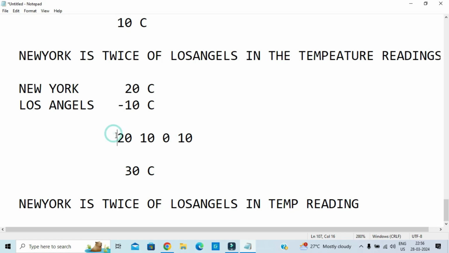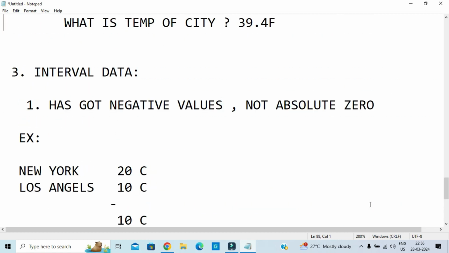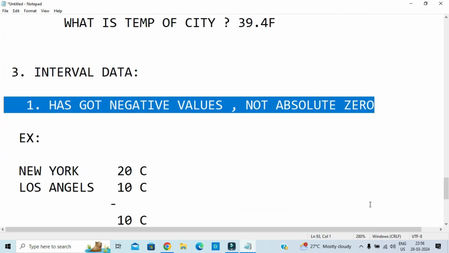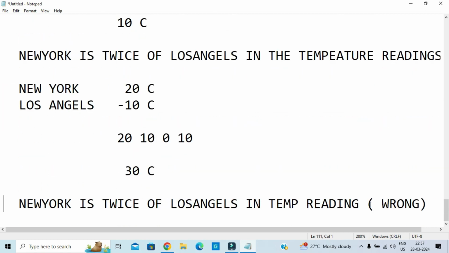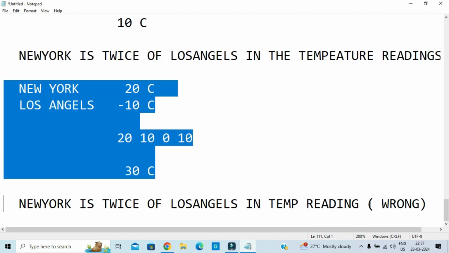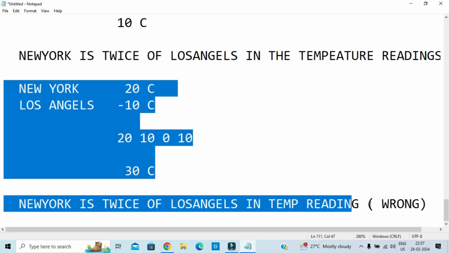It has got negative values, so that is the wrong method to represent. Just remember, this interval data has got negative values. This is how we represent interval data with this example.